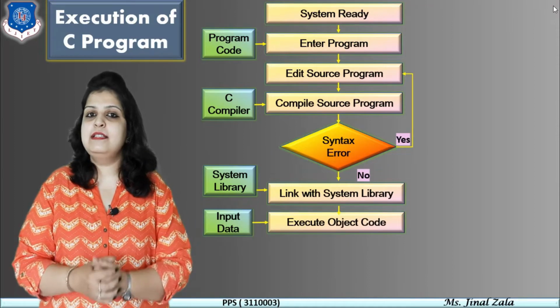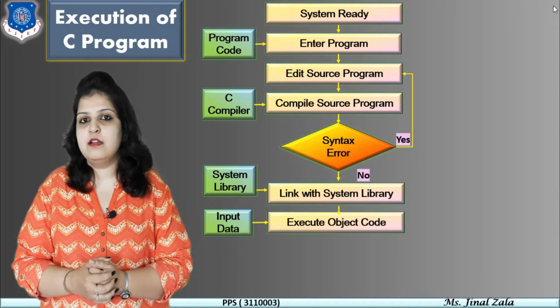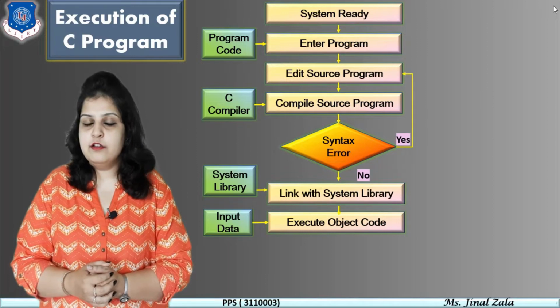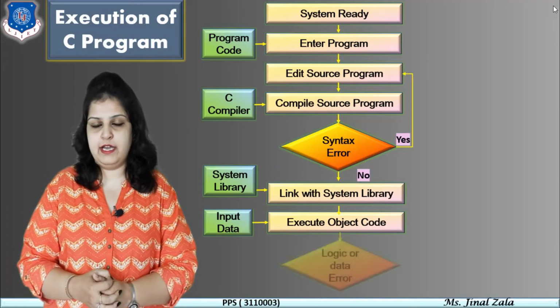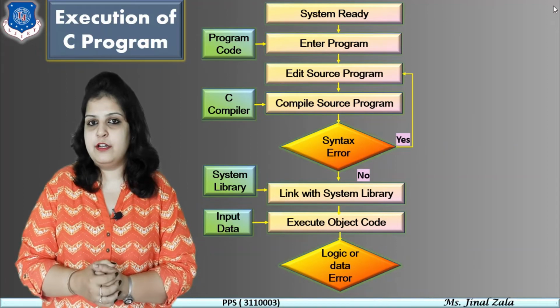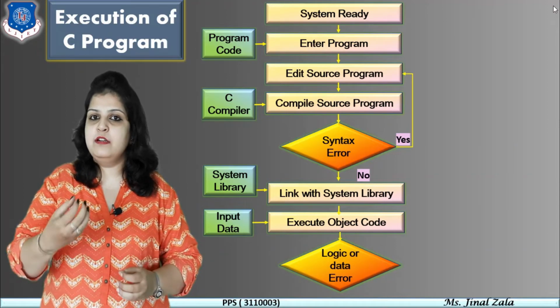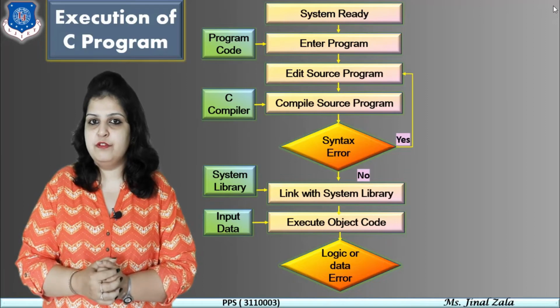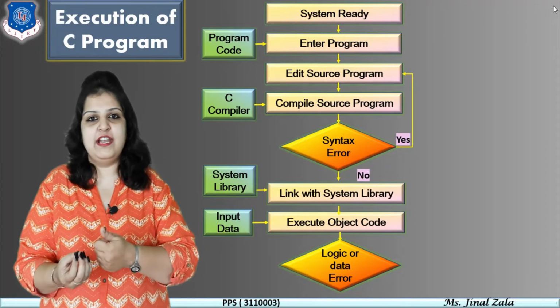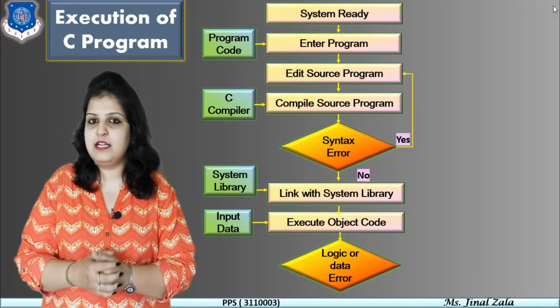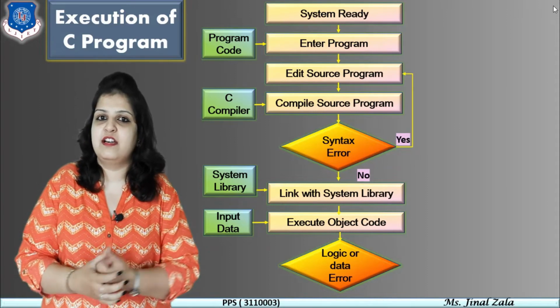At that step the remaining two errors can occur. Which two errors? Either a logical error or a data error. Now what is a logical error? Suppose I have given one program, addition of two numbers, and you do subtraction instead of addition, then it is called a logical error, because the logic is not correct here.